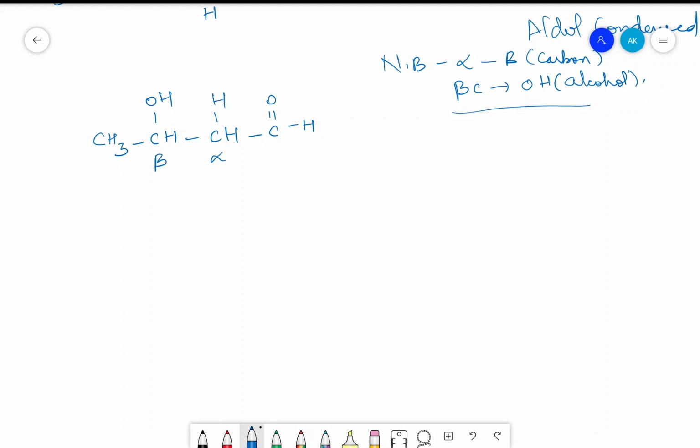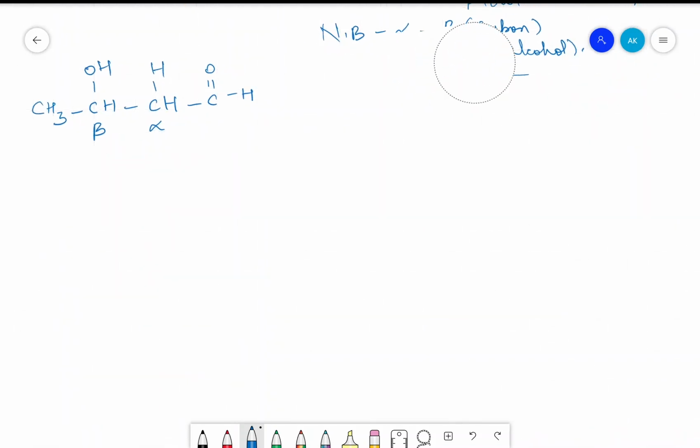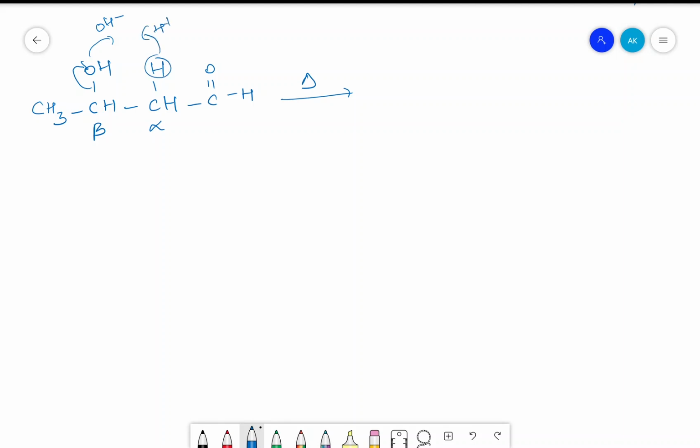So when this aldol product is heated, it undergoes dehydration, that means OH will take this charge and will be removed as OH minus, and H will go as H plus.